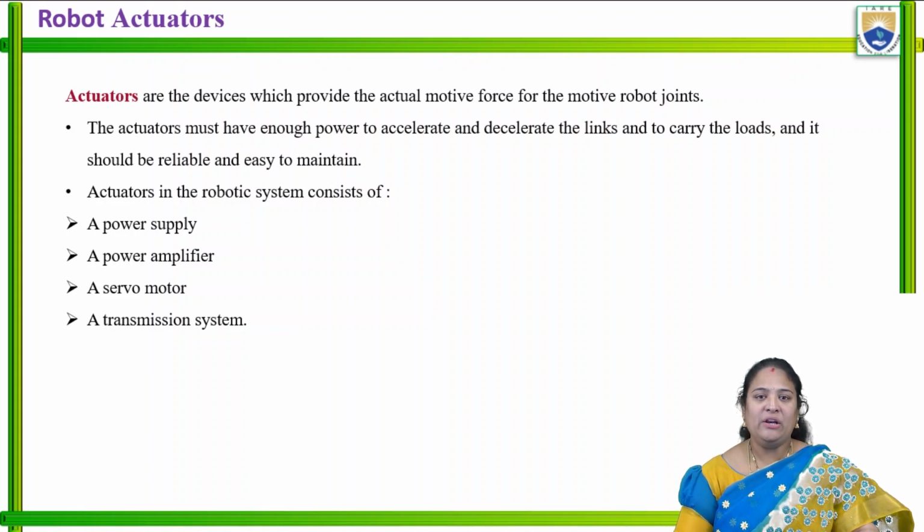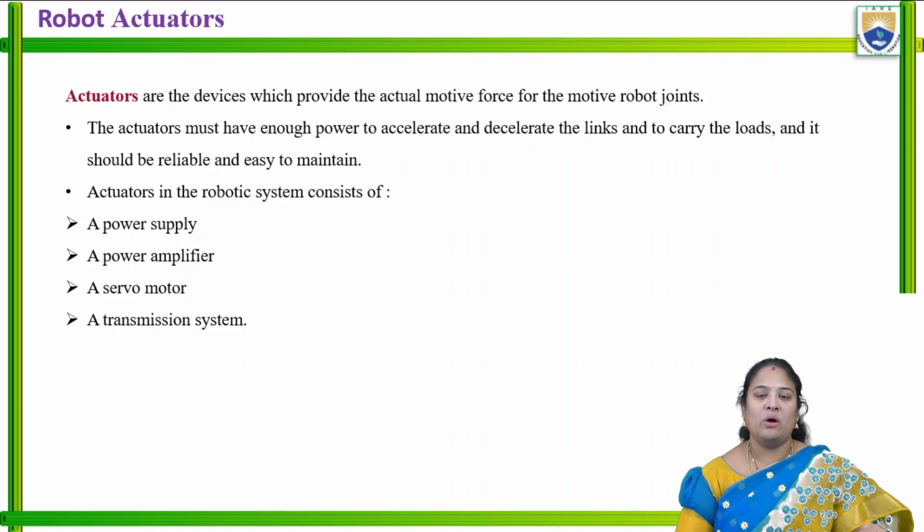Just as the movement of a human is done with the help of joints, the robot's movement is also done with the help of the actuator. Any particular robot, when it requires a movement, gets that movement with the help of the actuator.